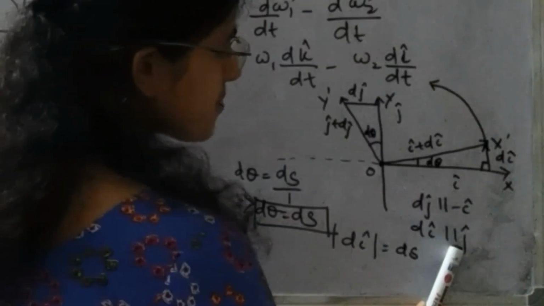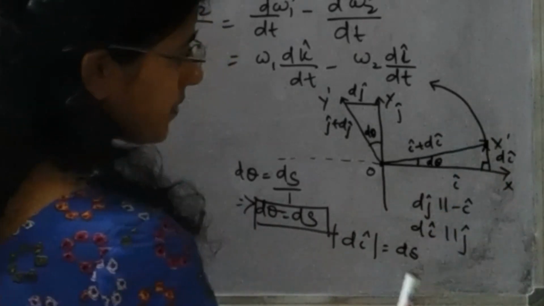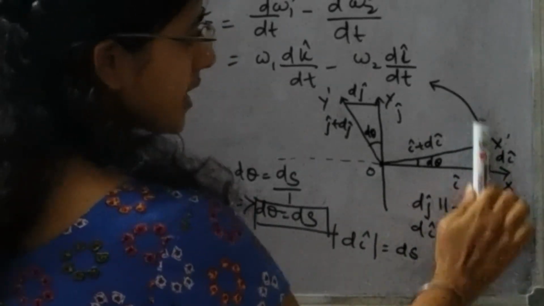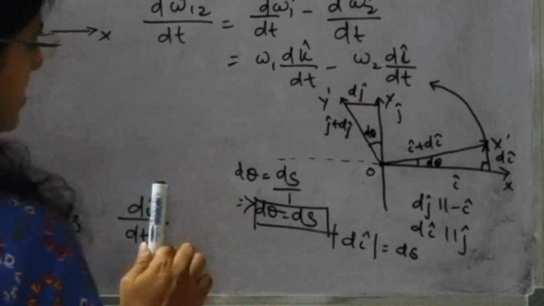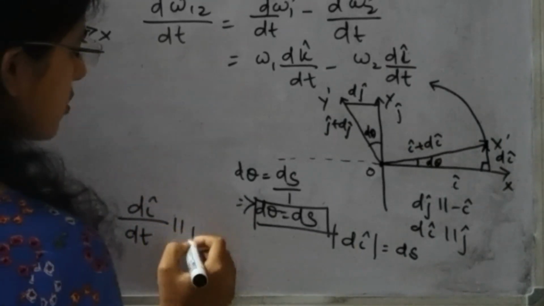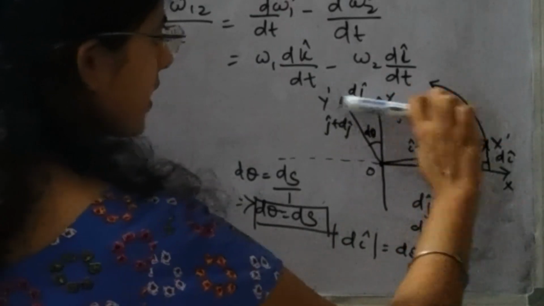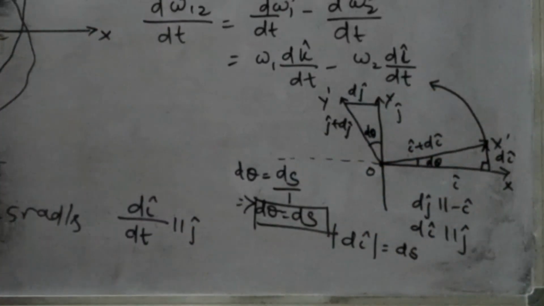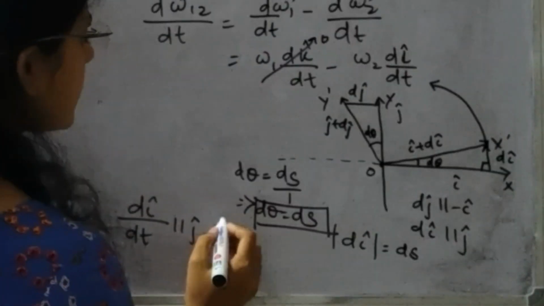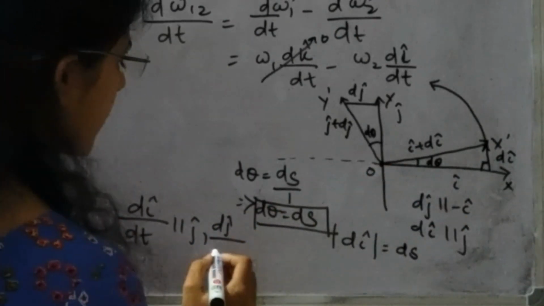di cap is parallel to j cap, we have derived. That means di cap divided by dt is also parallel to j cap. Similarly, dj cap is parallel to minus i cap, so dj cap divided by dt is also along the minus i cap direction.